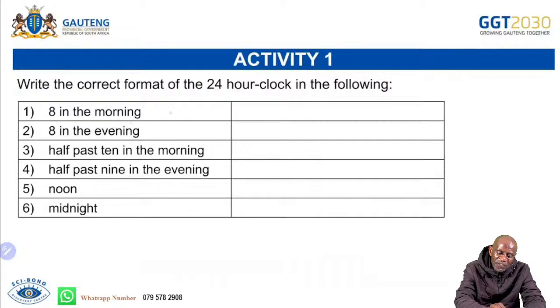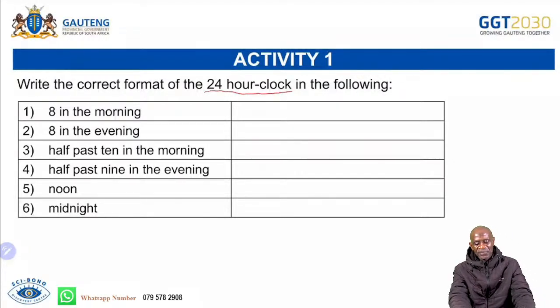So you have 8 in the morning, 8 in the evening, 10:30 in the morning, 9:30 in the evening, noon, midnight. So you'll have to express your time using the 24-hour clock.